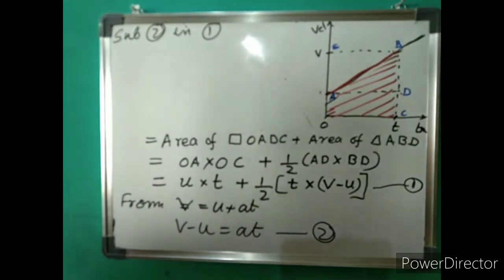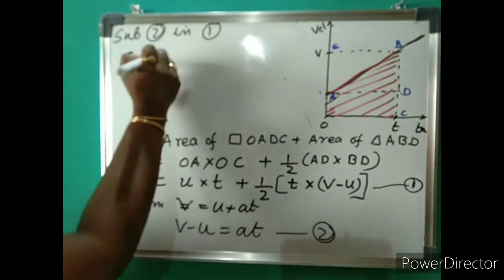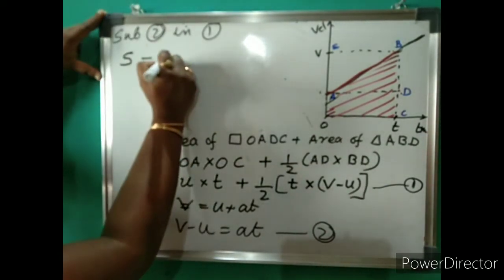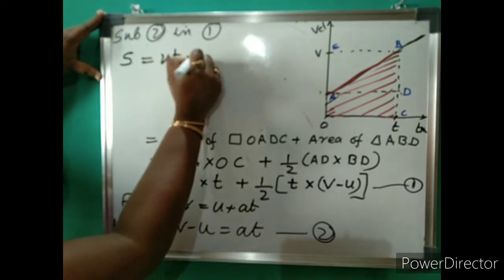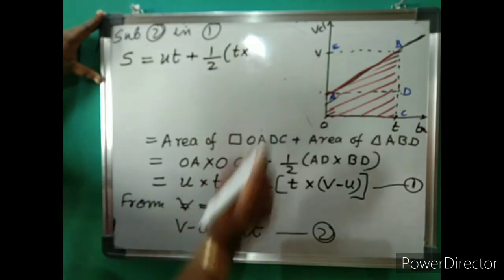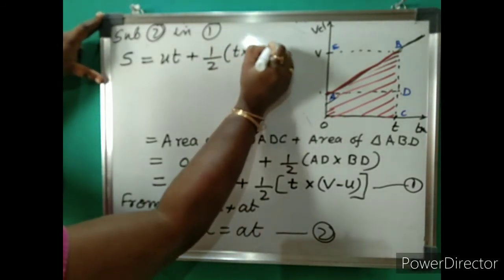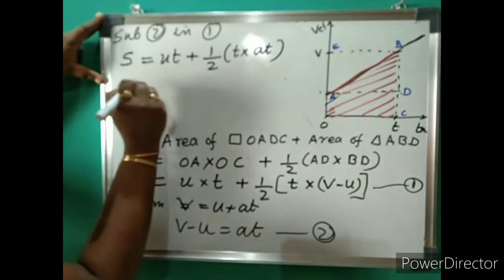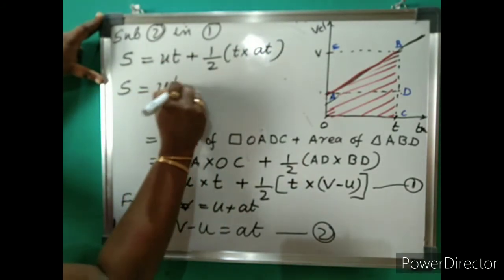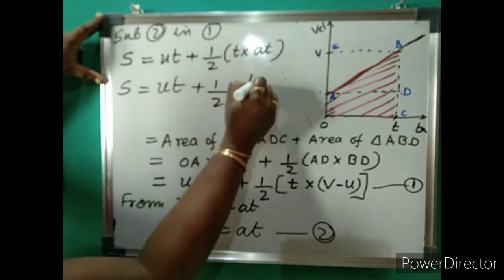the distance traveled by the object, so we mark it as S, is equal to ut plus half into t into, instead of v minus u, we write at. That is S is equal to ut plus half a, and since two t's are there, t square.